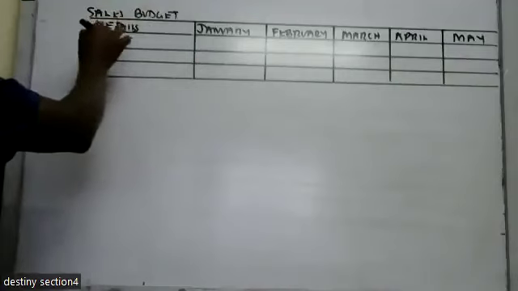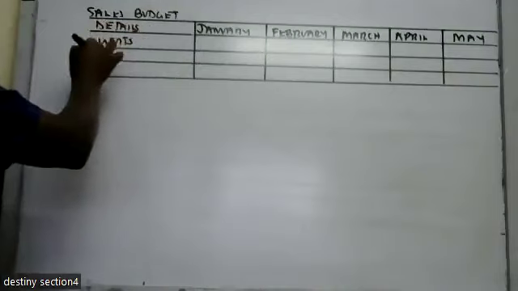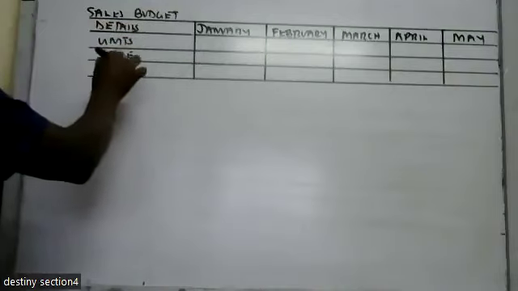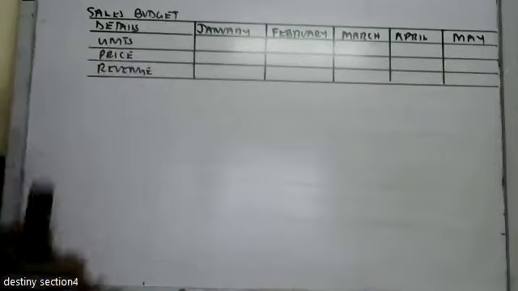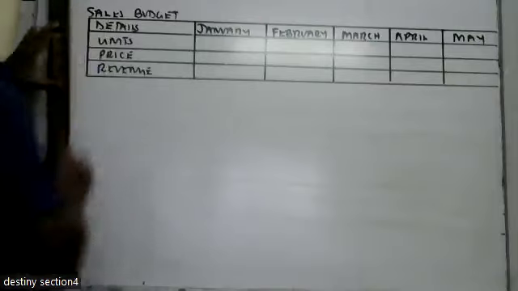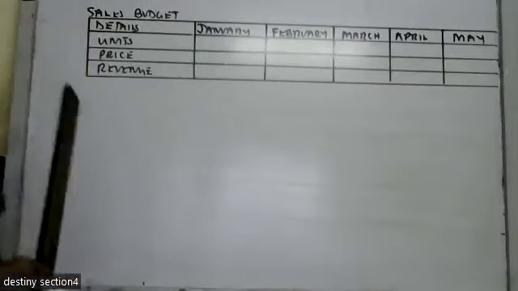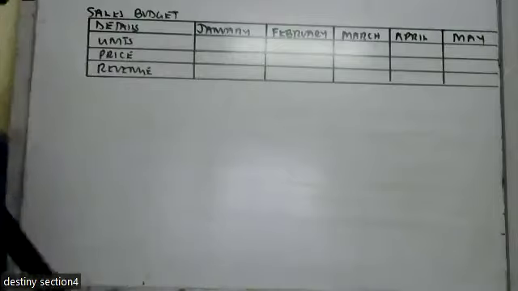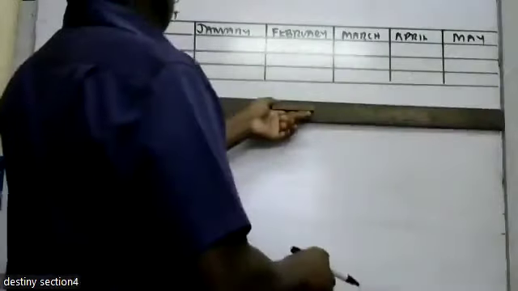We have units, we have the price, and we have revenue. I want also to design the production budget.